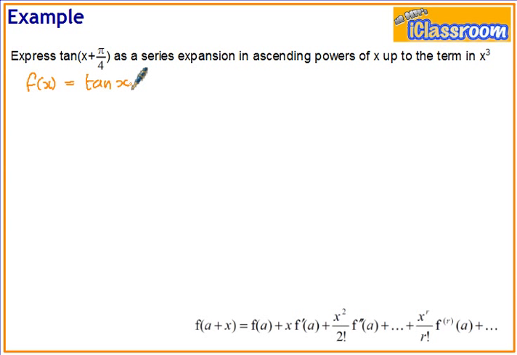Now f prime of x, differentiate this using the chain rule, so bring the power down. Sec differentiates to give me sec x tan x, and then the original function. This we can get from the formula booklet, and then we can just tidy this up.